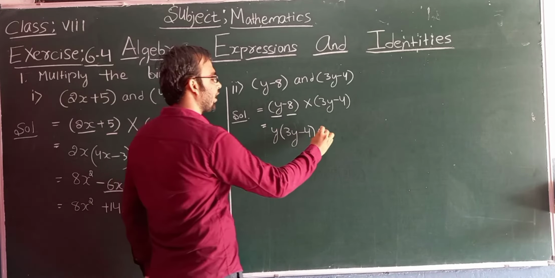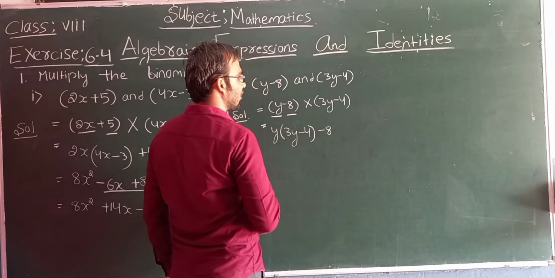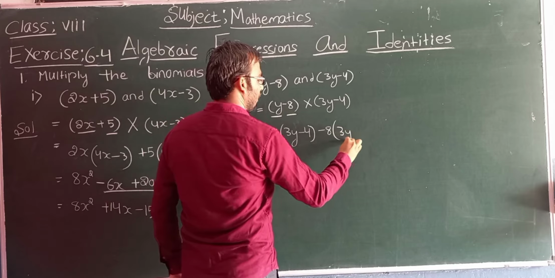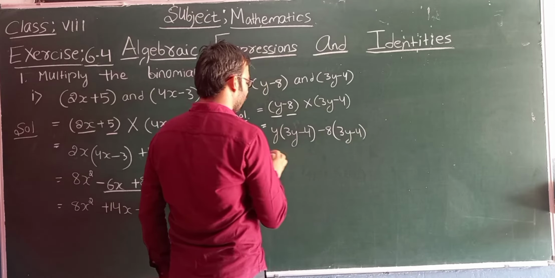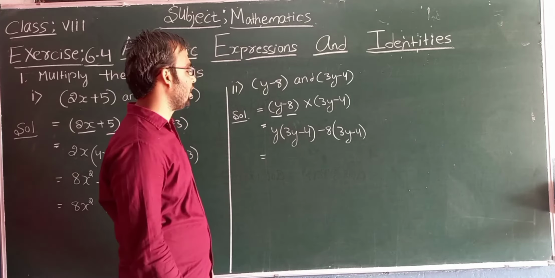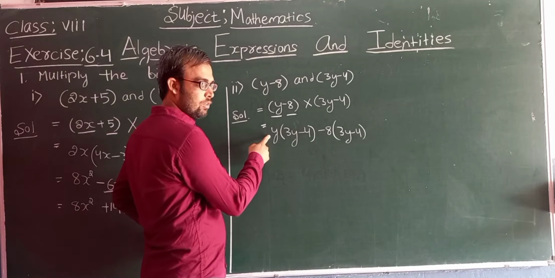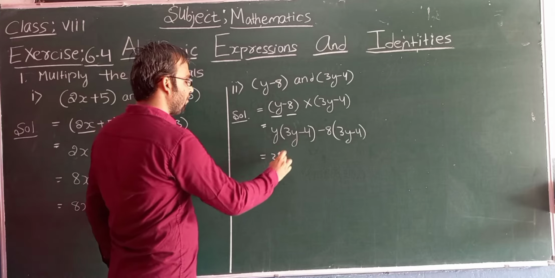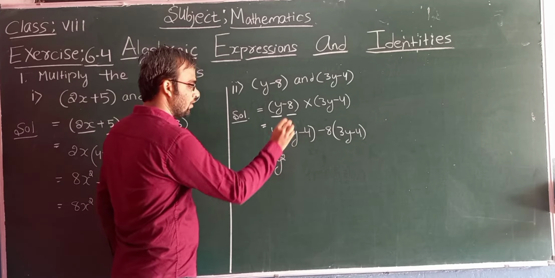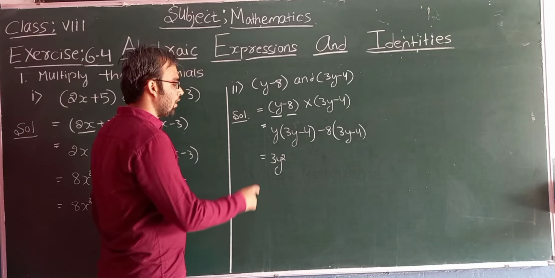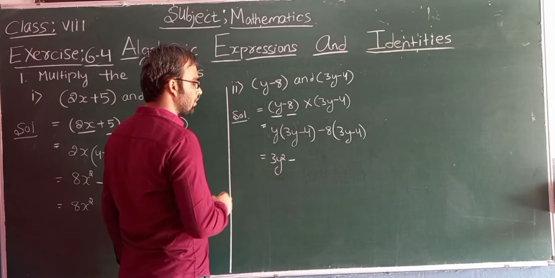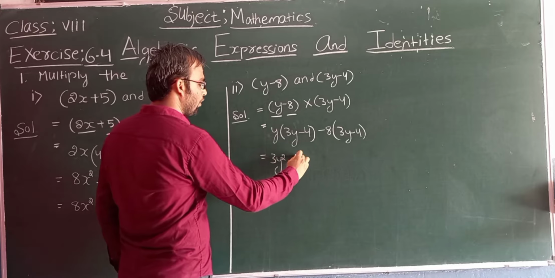Next write the second part, that is minus 8. Next write this one here, the same thing, 3y minus 4. Now students, if nothing is there, it means 1 will be there, so 1 3s are 3, y into y will be y square. Here nothing is there, so plus will be there, so plus into minus will be minus. 1 into 4 will be 4.